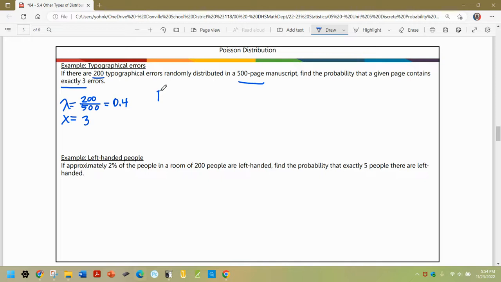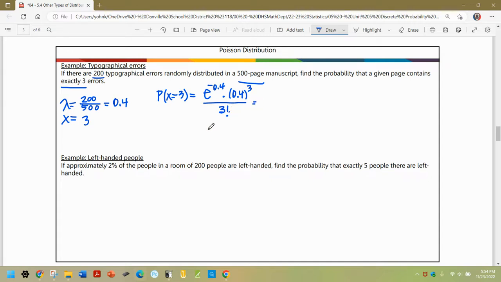So I'm going to find the probability of getting exactly 3 as e to the negative lambda, or negative 0.4, times lambda, which is 0.4, to the x power 3, over x factorial, or 3 factorial.